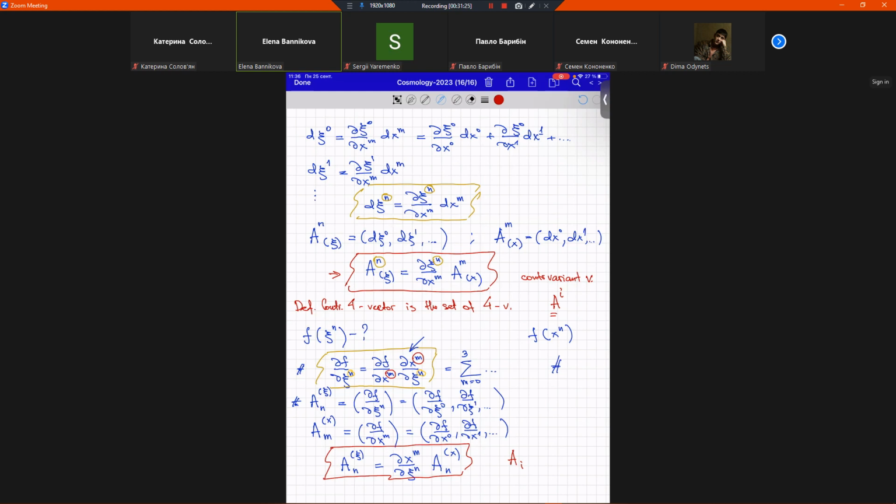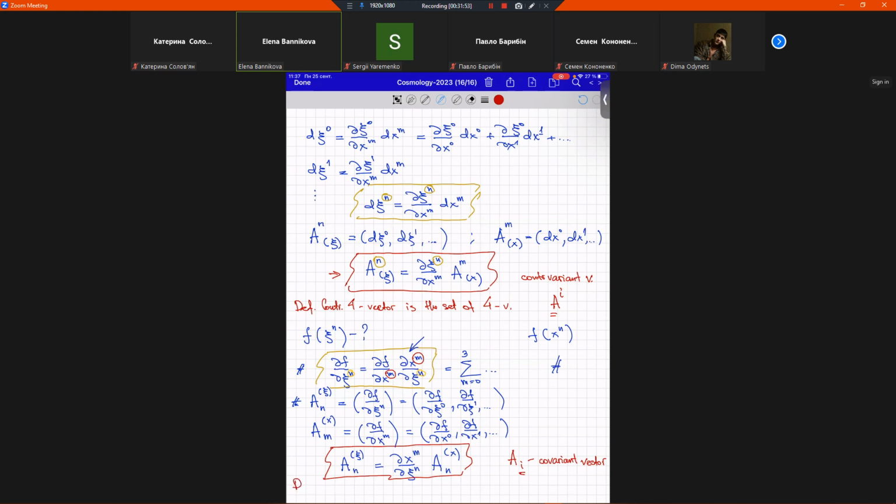So this vector we call covariant vector. You need to remember that as soon as I write the vector with a lower index here, you need to immediately recognize that this is a covariant vector.